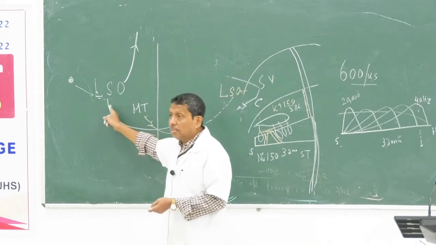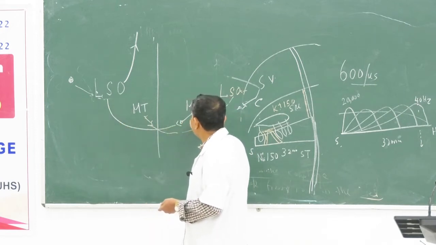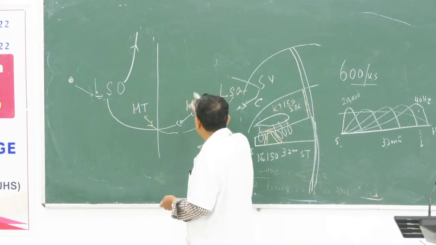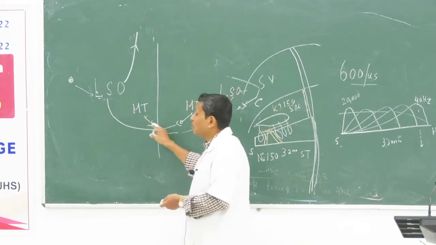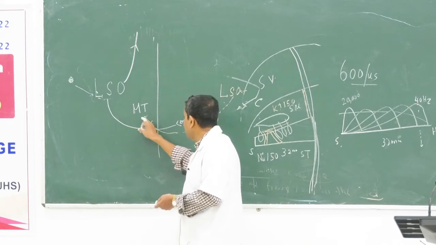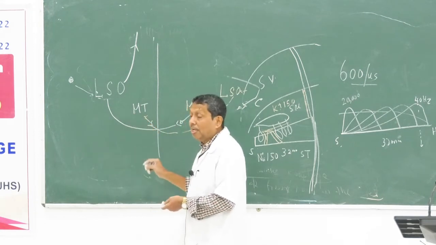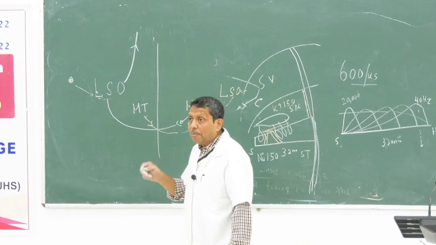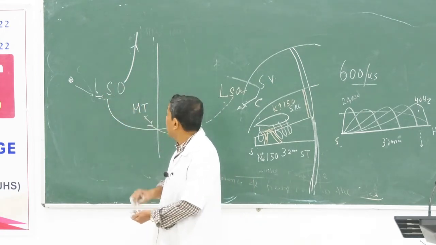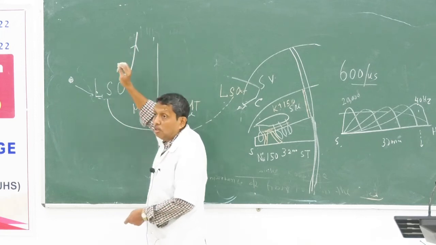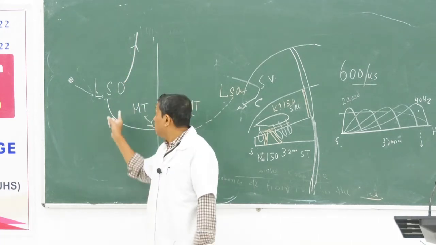Because it is more intense, its inhibiting capacity is maximum, and as sound intensity is less on this side, there will be less inhibition of this side. So ultimately, the excitation divided by the inhibition favors this side. So this cell will send the information to the brain that the sound is coming from this side.